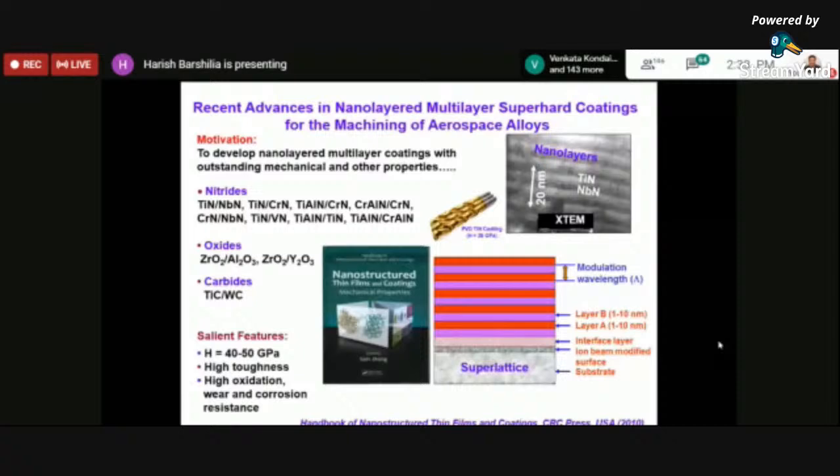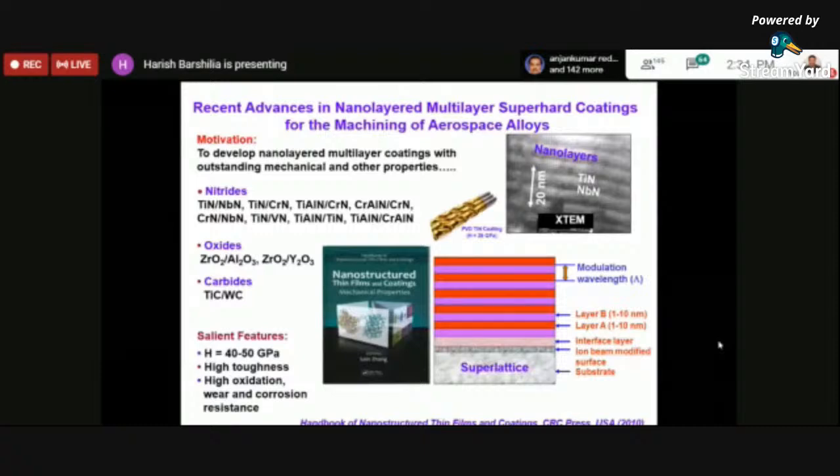wherein you can see the distinct layers of titanium nitride and niobium nitride, a typical multi-layer coating. Because of the various interfaces present in this coating, and also because of the very small layer thicknesses, the propagation of dislocations becomes very, very difficult.